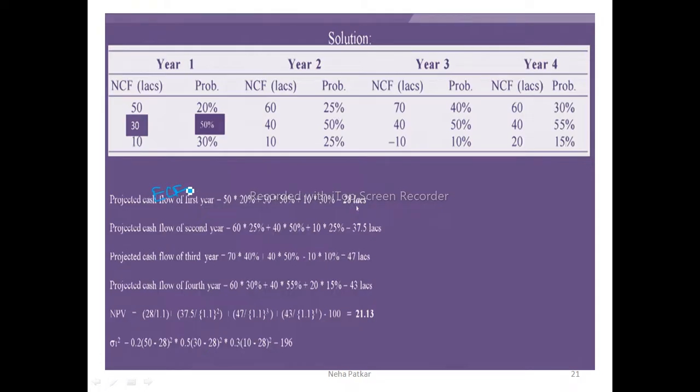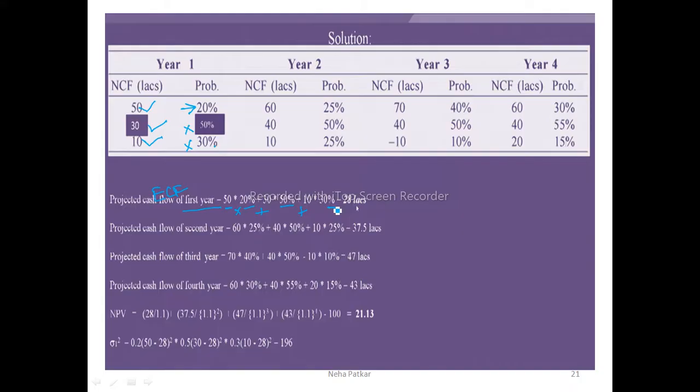Expected cash flow. We will calculate it for the first year. How? 50, with probability 20%, that is 0.2. So 50 multiplied by 20% plus 30 multiplied by 50% plus 10 multiplied by 30%.